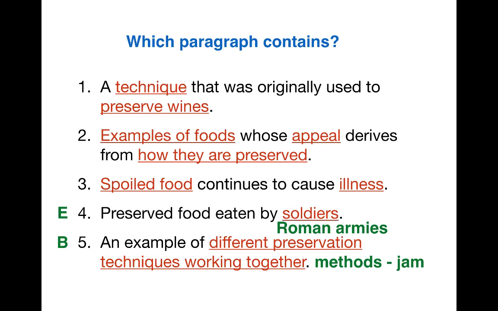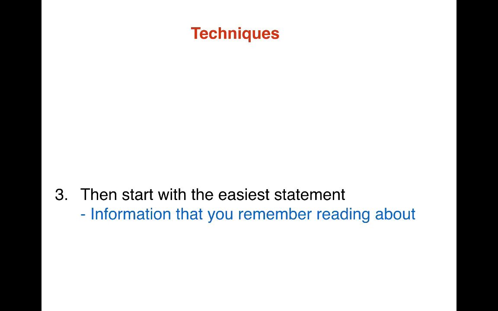So we should have remembered that one. If you did, well done. If you got those 2 answers from memory, that's a great start. We've only got 3 questions left. But if we don't remember any more, we have to go to a different technique. We've tried the information that we remember reading about, and now we've got one more possible technique to use.